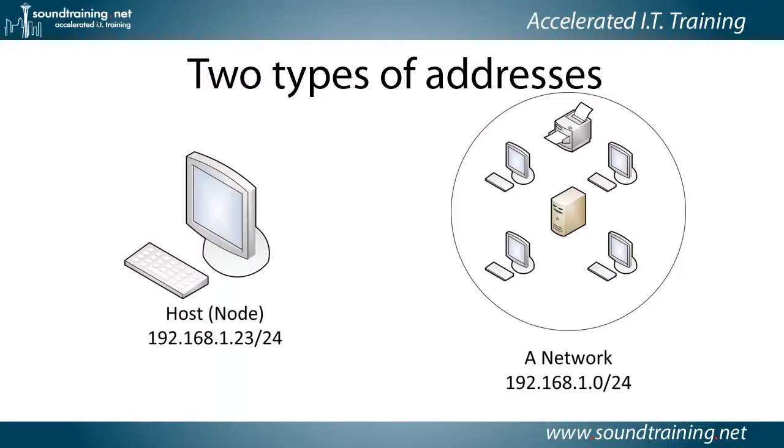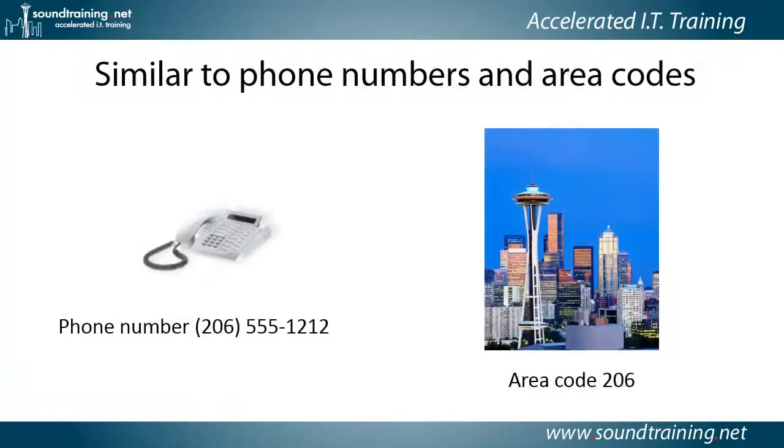And a network address represents a whole group of hosts, such as what you see in the graphic. A good way to think about it is to compare it to telephone numbering, where the phone number 206-555-1212, in this case, represents a single entity on a telephone network, and the area code 206 represents a whole bunch of local phone numbers, multiple entities on the network.